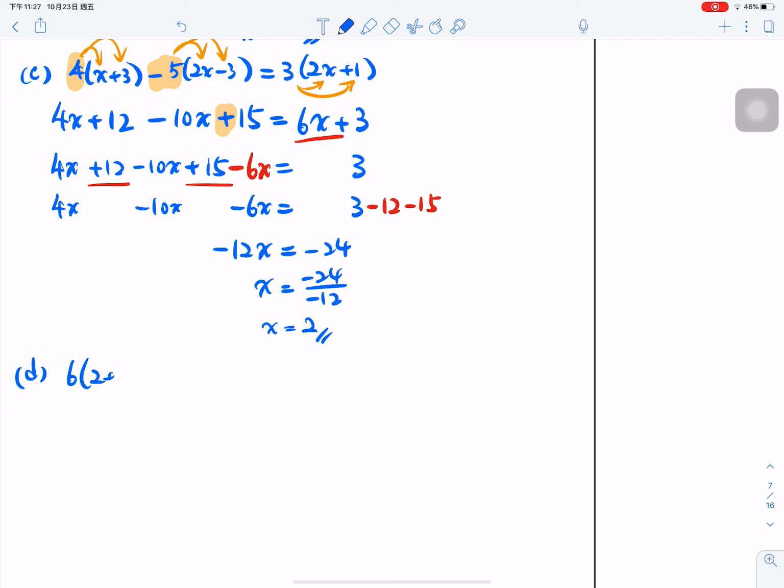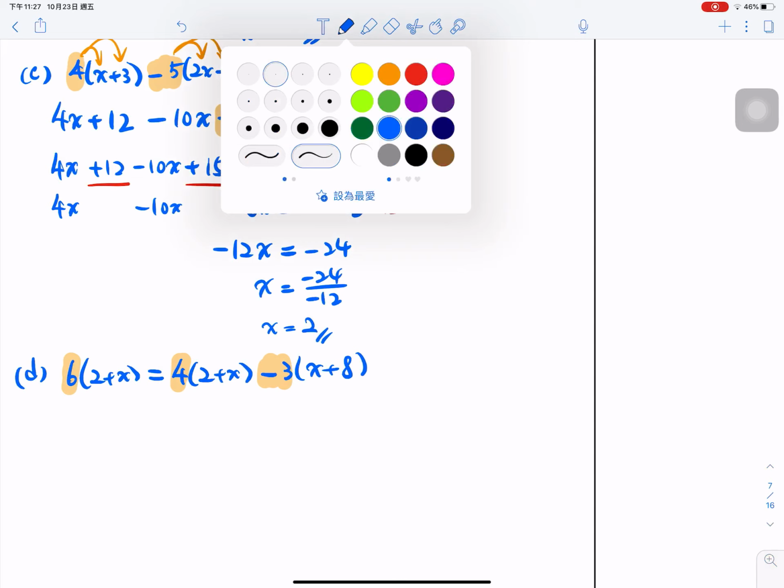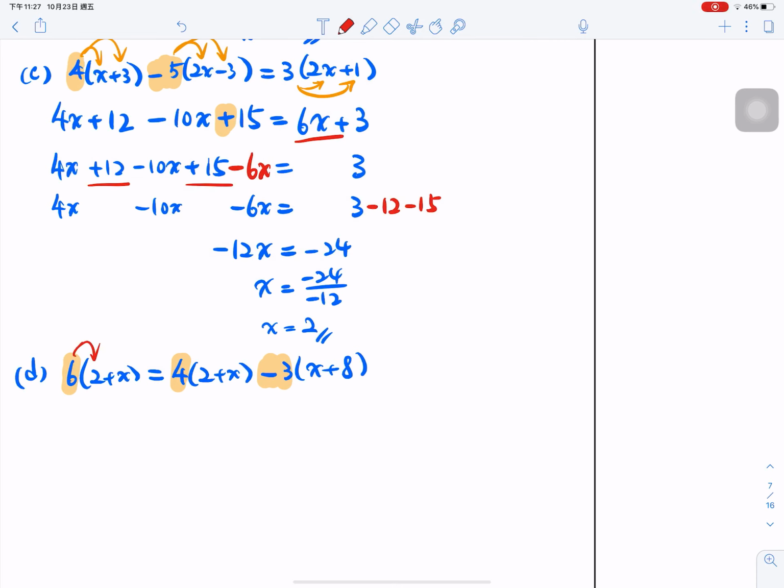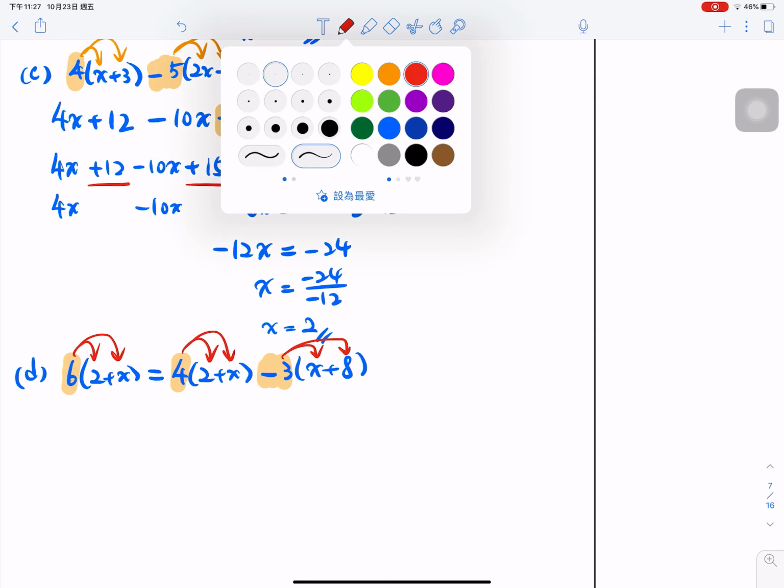6 times 2 plus x equals 4 times 2 plus x and then minus 3 times x plus 8. Okay? So, what's this? You can see that here 6, 4, and negative 3, you need to multiply into the brackets of those two terms, right? So what should we do?